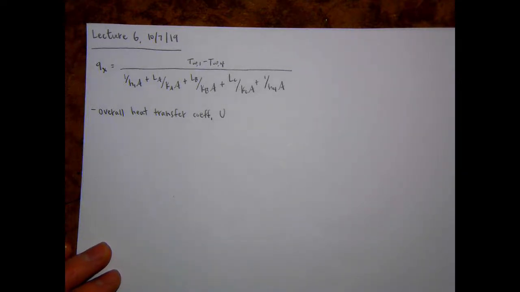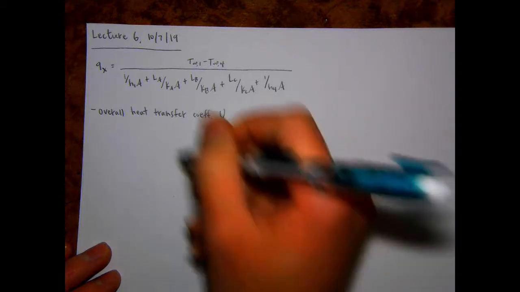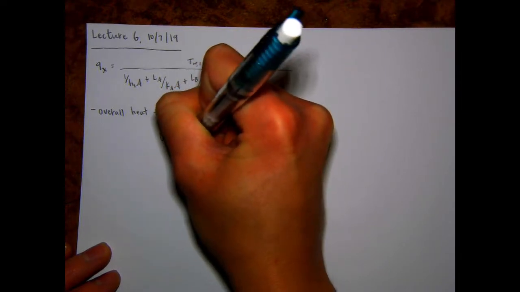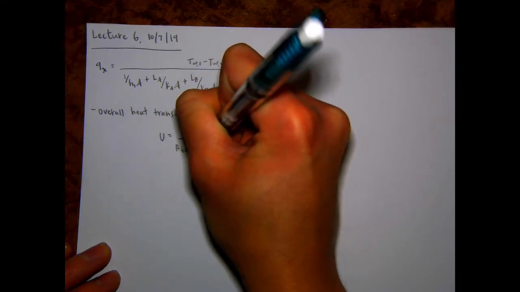Okay. So U is defined as 1 over the total thermal resistance times the area.